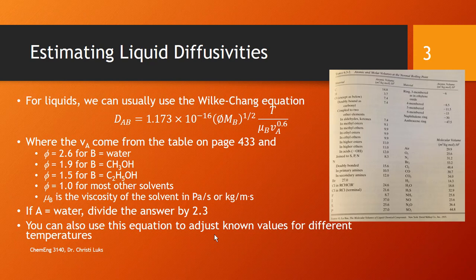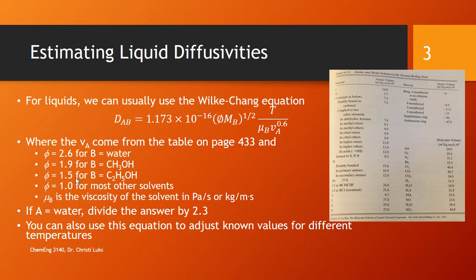Okay, so that's the bulk fluid that we have. Phi is going to be determined based on what that solvent is. So for water, it's 2.6. For methanol, it's 1.9. And for ethanol, it's 1.5. If it's not on this little limited list and you don't know anything better to use, then just call it 1.